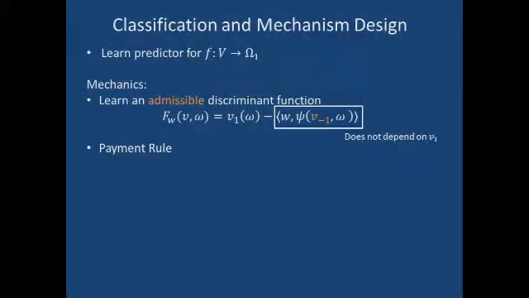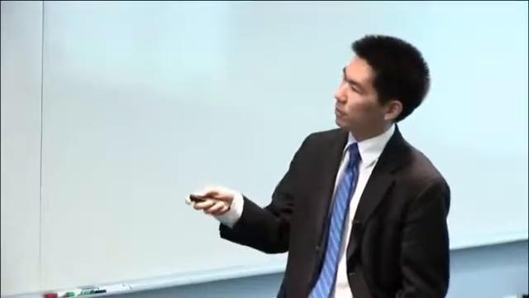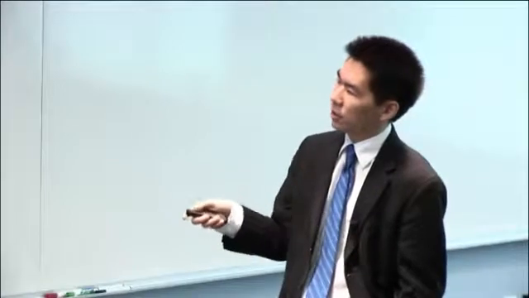This is something that we know. This is the feature map that we specify. This W is what we're learning in our framework. And then the payment rule that we use will just be this term on the right. So we're going to learn this weight vector that parameterizes this discriminant function, and then the payment rule that we end up using will just be the right-hand side of this discriminant function.